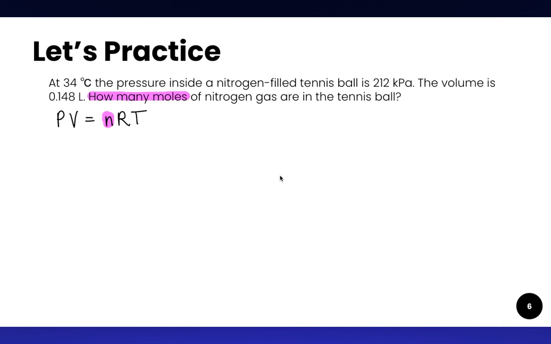Let's list out what we do know. The pressure is equal to 212 kilopascals. Volume is 0.148 liters. We know that R is going to be the same every time.